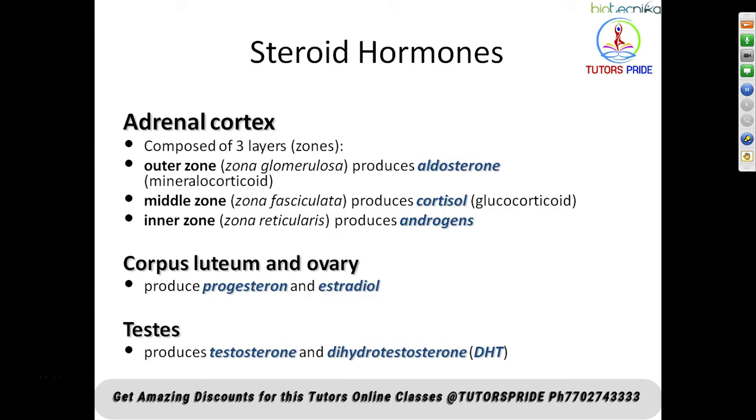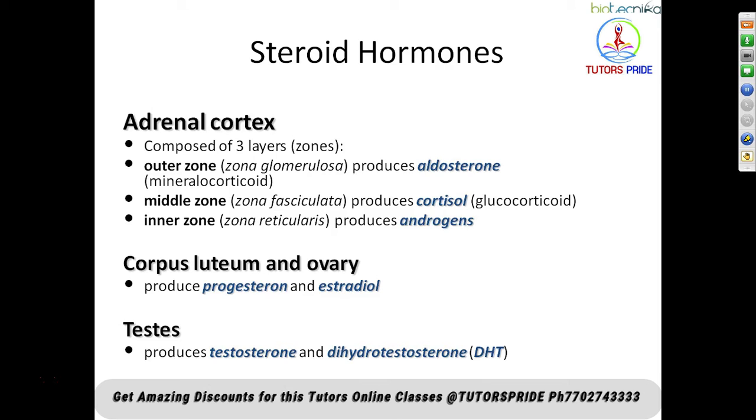The outer zone is known as zona glomerulosa, the middle zone is known as zona fasciculata, and the inner zone is known as zona reticularis. Glomerulosa, fasciculata, and reticularis. So you can remember that as GFR. GFR means glomerulosa, fasciculata, reticularis. These are outer zone, middle zone, and inner zone.